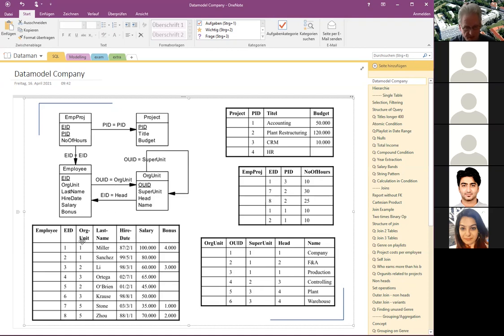And you see, for example, if you look at this org unit foreign key, we have numbers in it, and these numbers are numbers of primary keys of the target table. And you see this one here that is pointing from employee table to org unit table, and these numbers here point to the primary key numbers of the target table, and all those values within that column here must exist in the target.